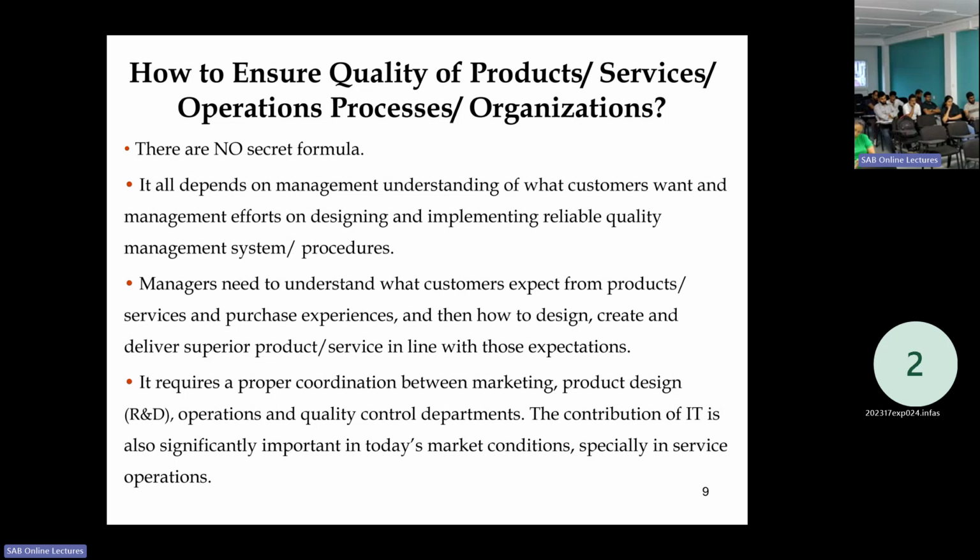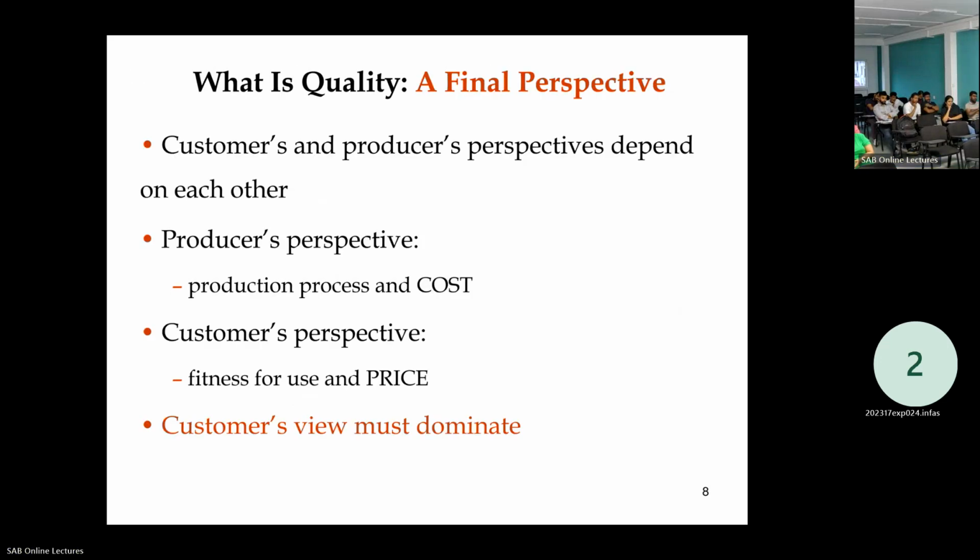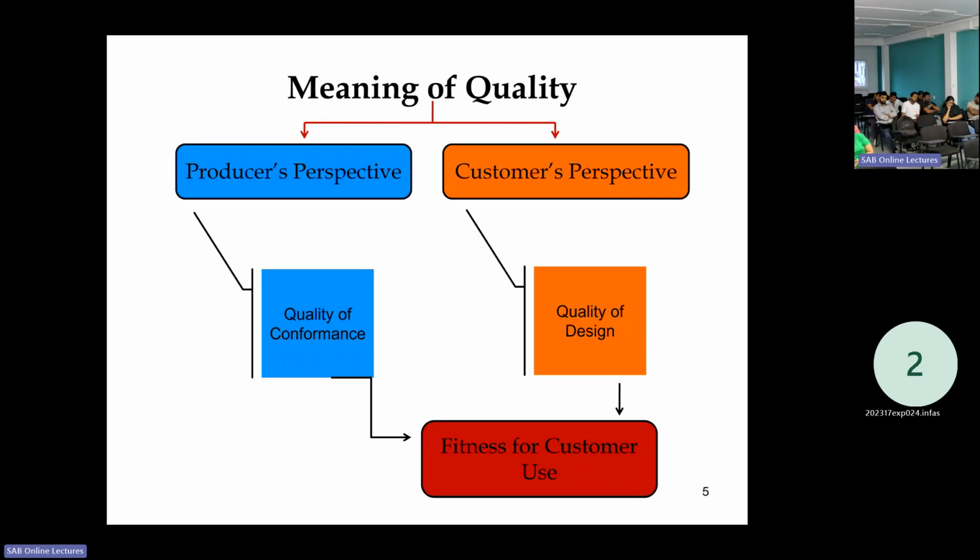Can you understand it? That is why most of the leading companies all over the world are paying more attention to these efforts, what we call quality management. There are two things. What are those two things? One is quality of design, and the other one is quality of control.